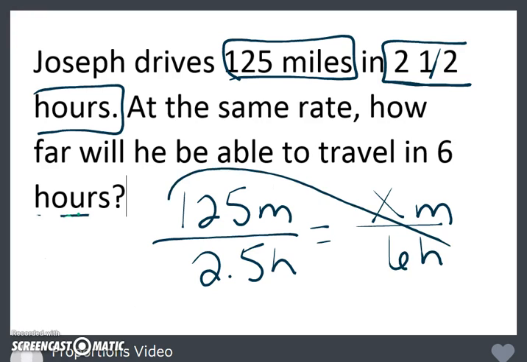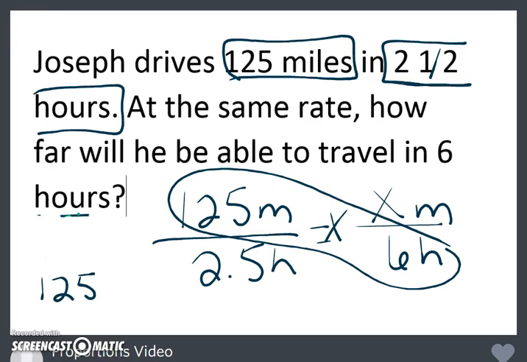Cross multiply and divide, we're going to circle the two numbers that are across from each other. So I would take 125 times 6, and I divide by the number that's outside of that, so I would divide by 2 and 5/10. So 125 times 6, and I take that number and divide it by 2 and 5/10, and my answer will still be 300.